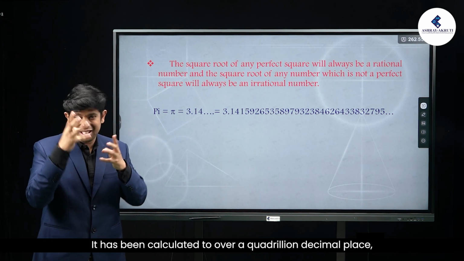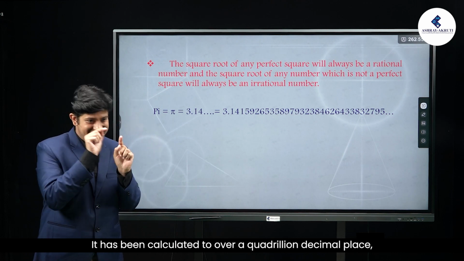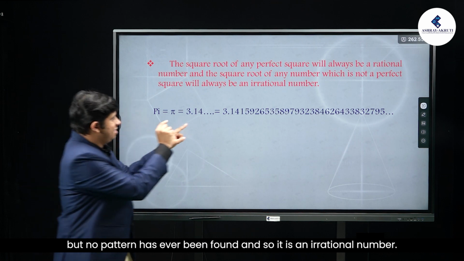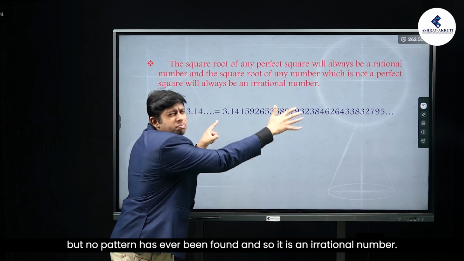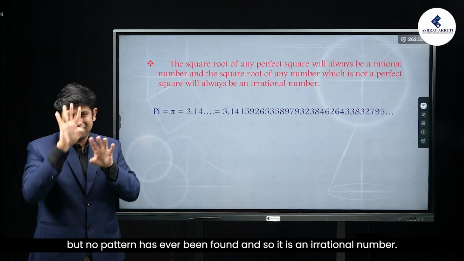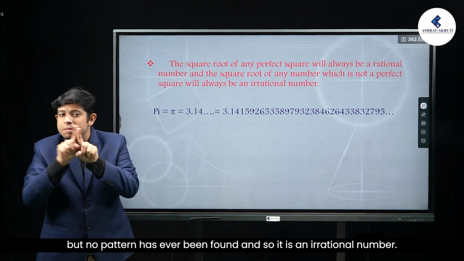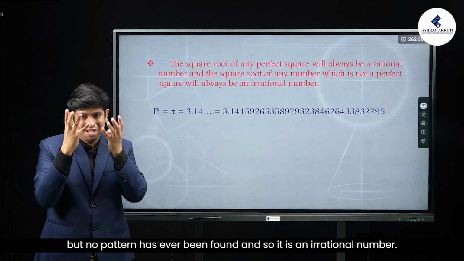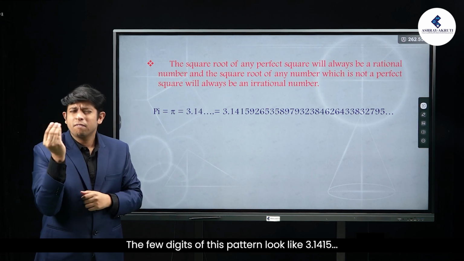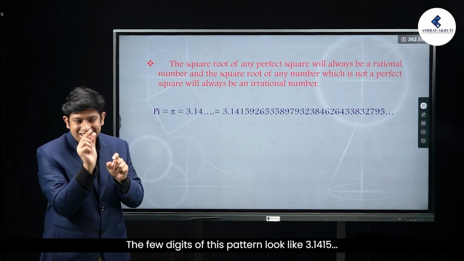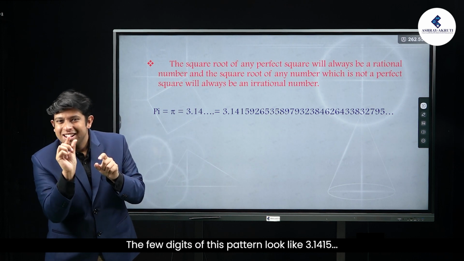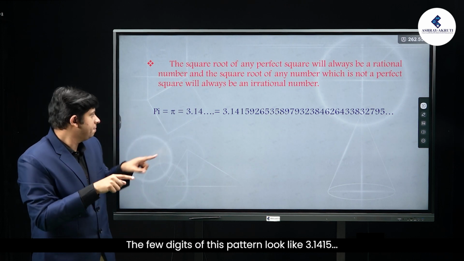It has been calculated to over a quadrillion decimal places, but no pattern has ever been found, and so it is an irrational number. The first few digits look like 3.1415, and so on.